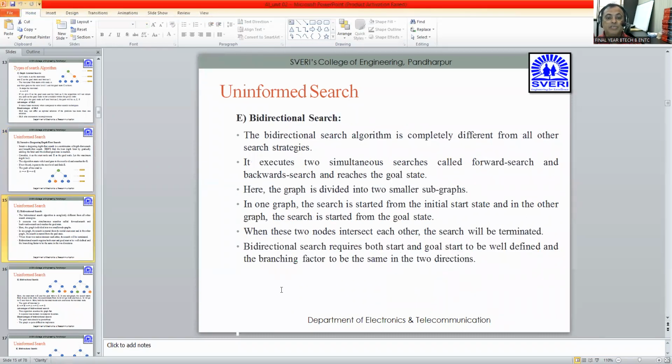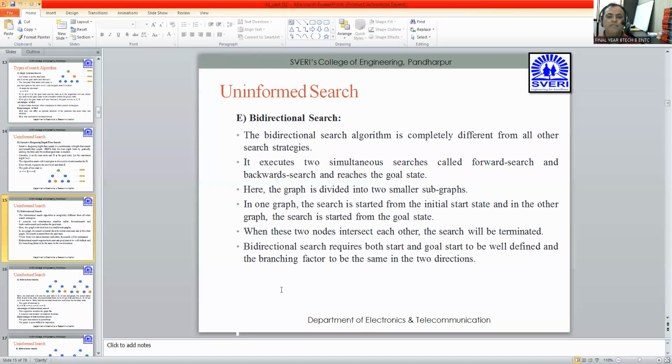Now, bidirectional search is different from all other search techniques we have seen. It executes two simultaneous searches called forward search and backward search. So here forward and backward search both happen together to reach the goal state. What it does is divide the graph into two subgraphs. One subgraph starts from the initial state and reaches the goal state.